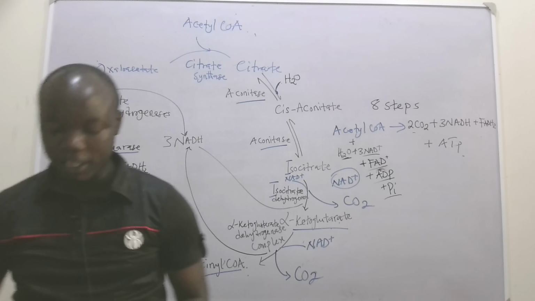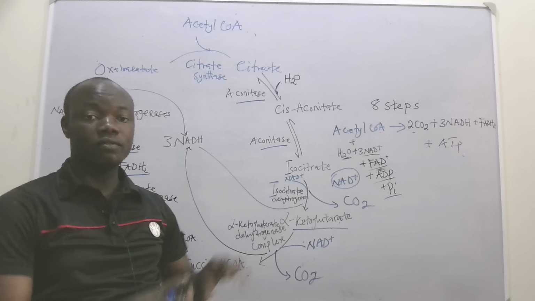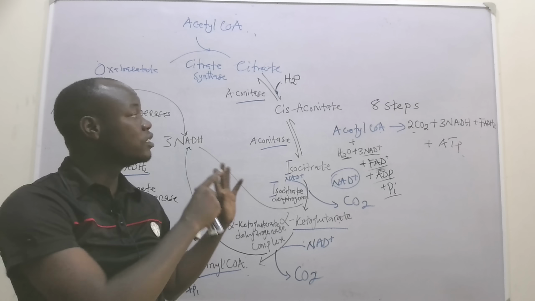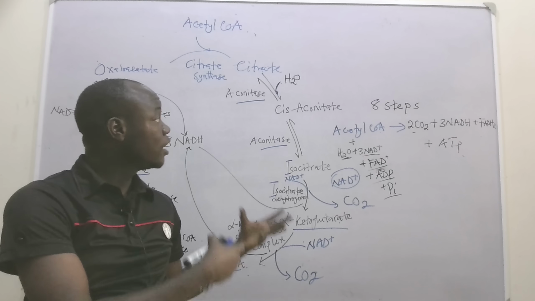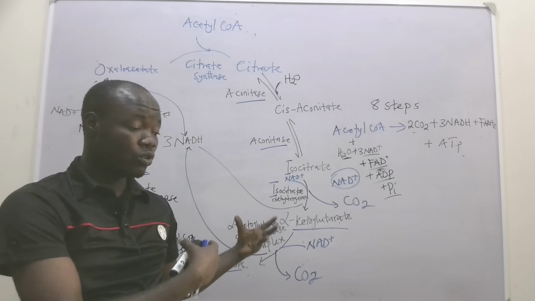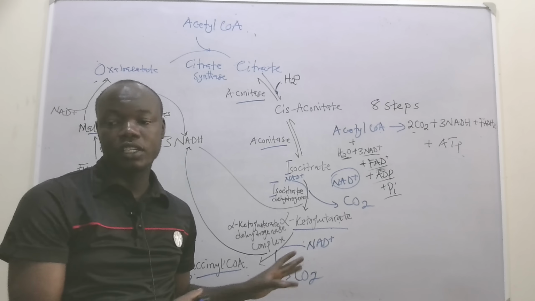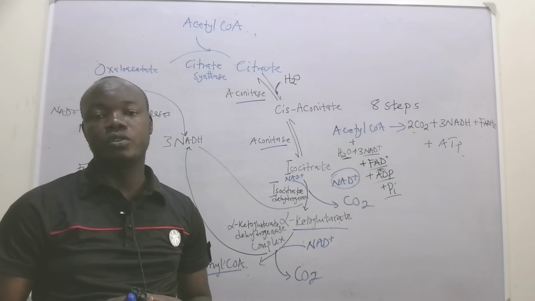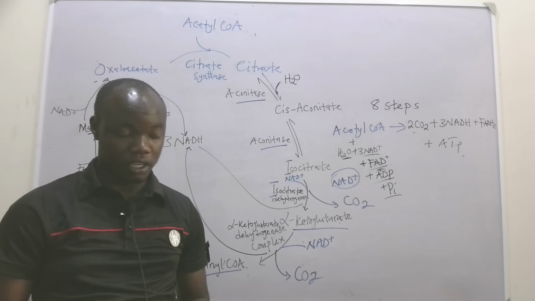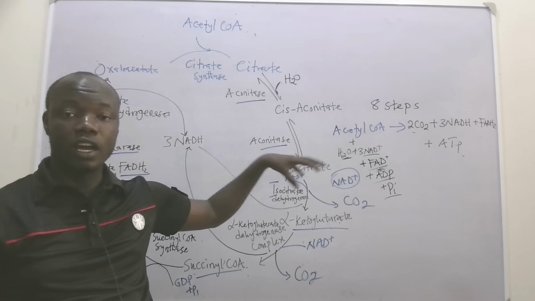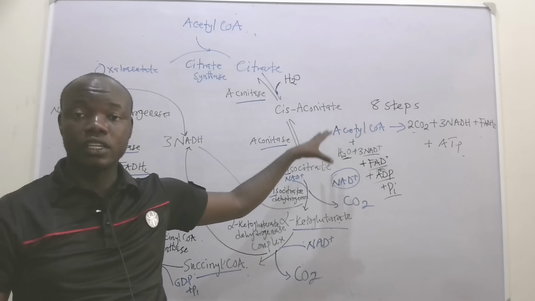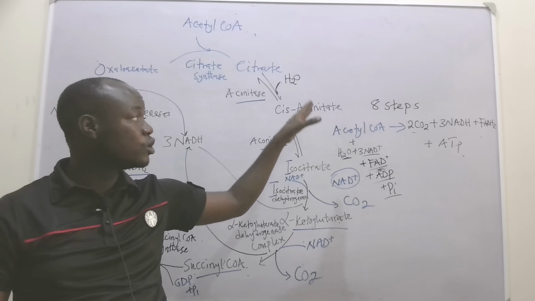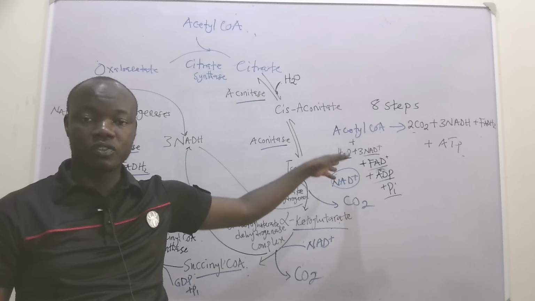So ladies and gentlemen, I think without wasting much of our time, it is very clear. This is how the citric acid cycle takes place in our body. I hope this video is very clear and you can all see how it started from pyruvate, how the pyruvate is transported from the cytoplasm to the mitochondrial matrix.